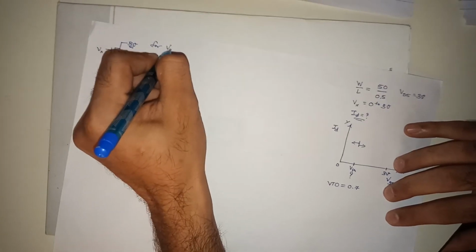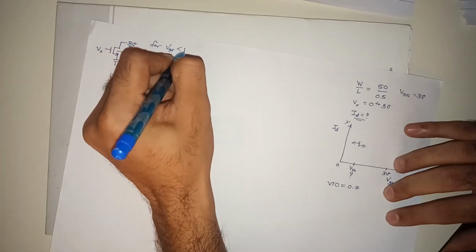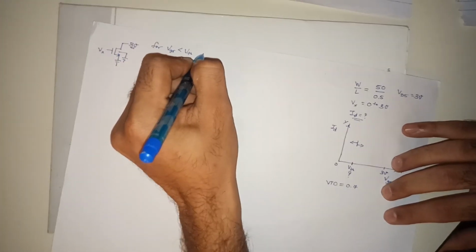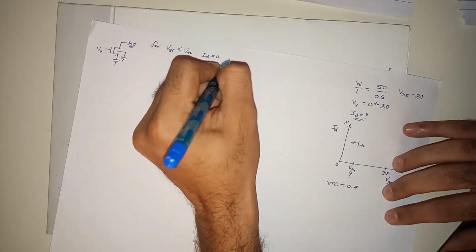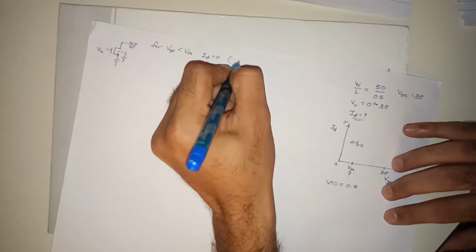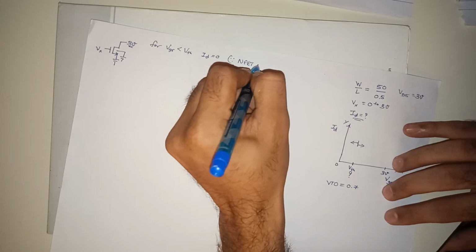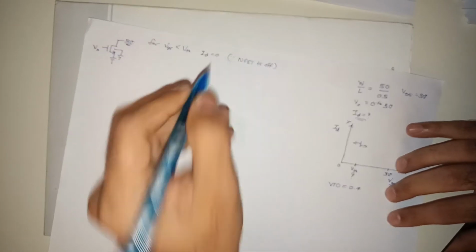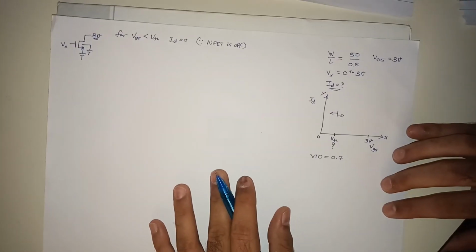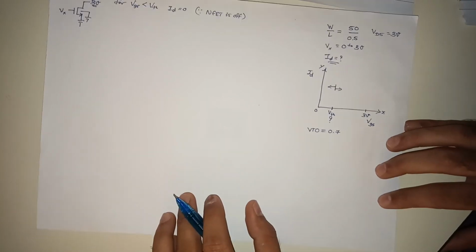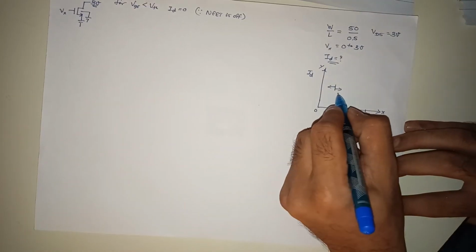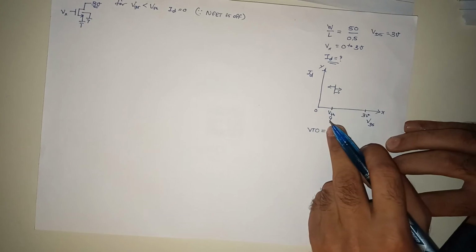For VGS less than VTH, ID is 0. Why? Because NFET is off.